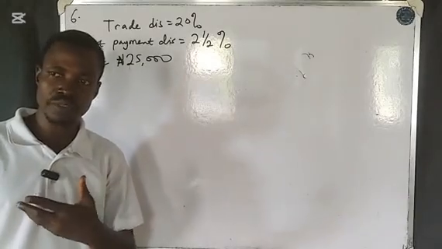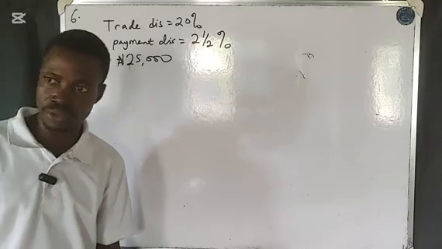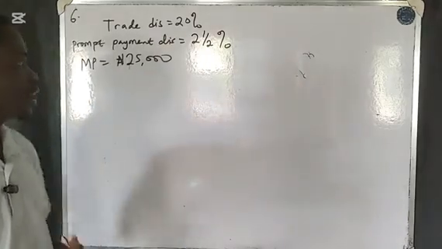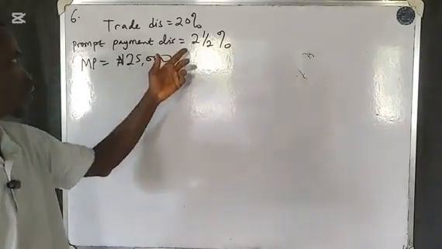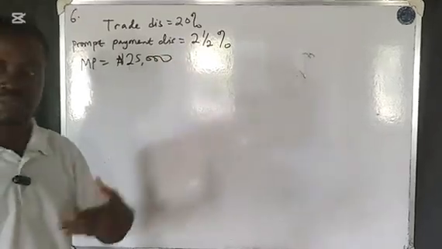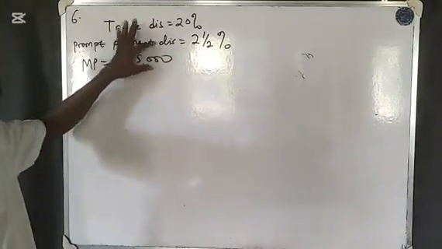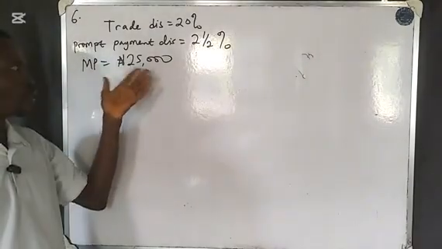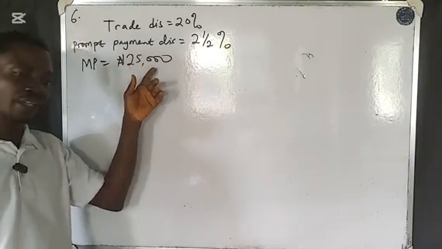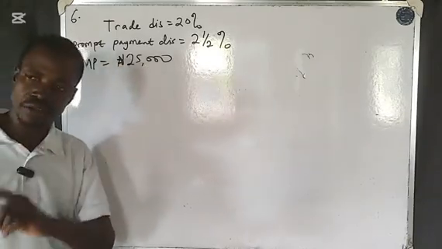That means you're going to have some saving, because you are enjoying 20%. Not only that, if you are paying cash, you will enjoy an additional discount of 2.5%. So we reduce it again from this amount. By the time you calculate how much is remaining, you remove it from this amount. That will give you the total amount saved by the customer.